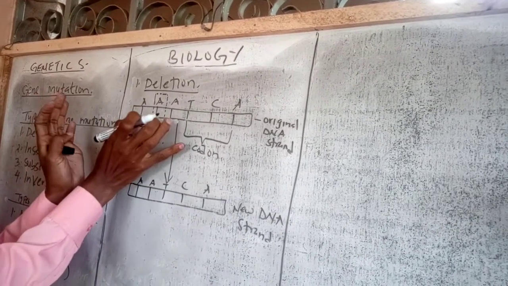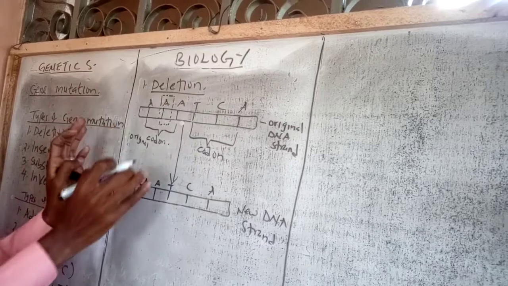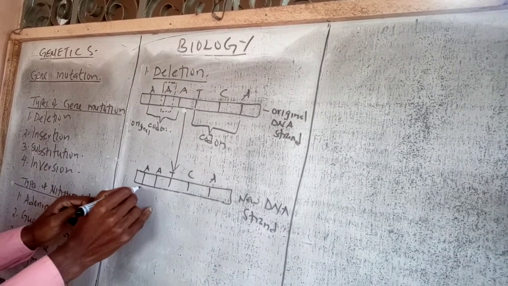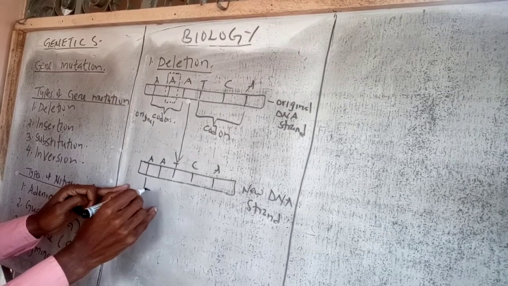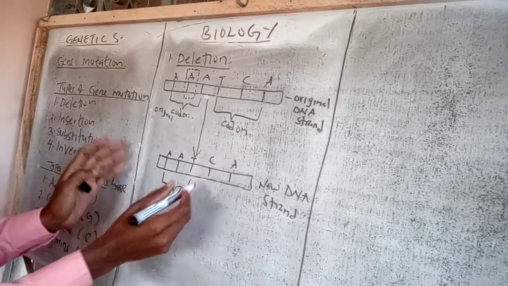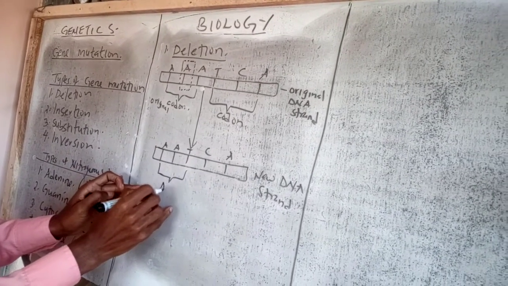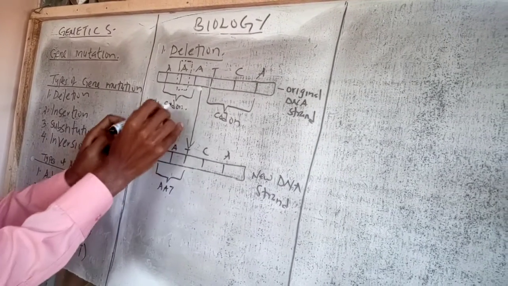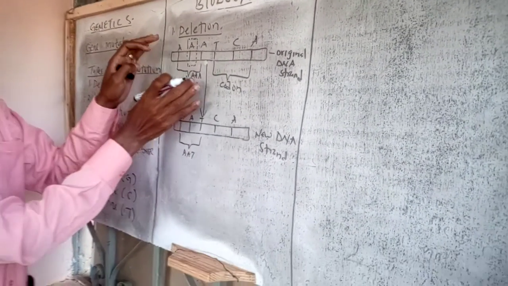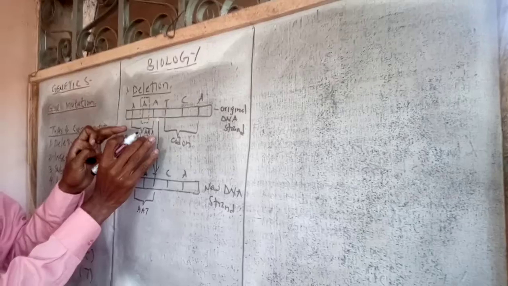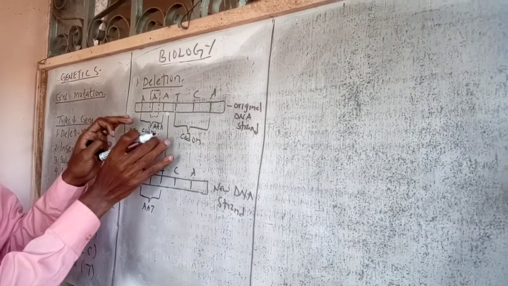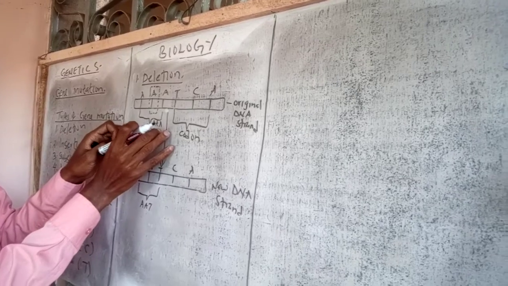As a result of the removal of the portion, the nitrogenous bases have changed, consequently leading to a change of the codon. You can see that the codon is now different, and initially the codon was AAA. In genetics, AAA normally codes for the amino acid phenylalanine.